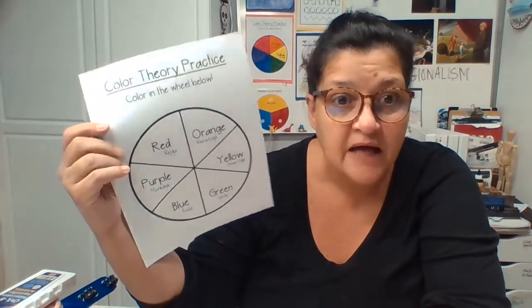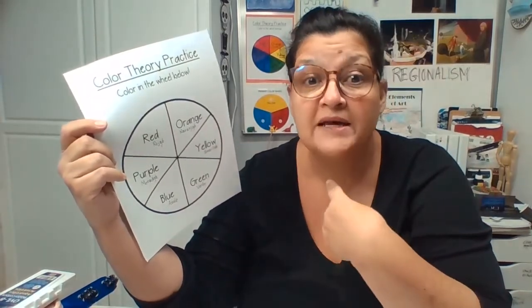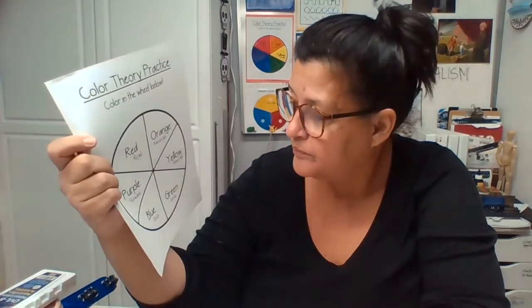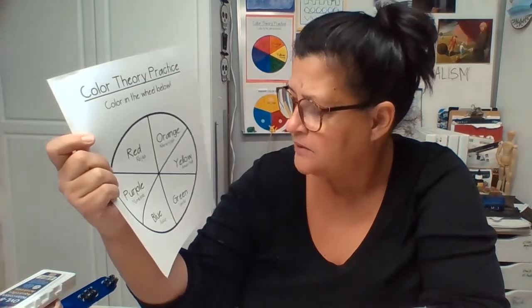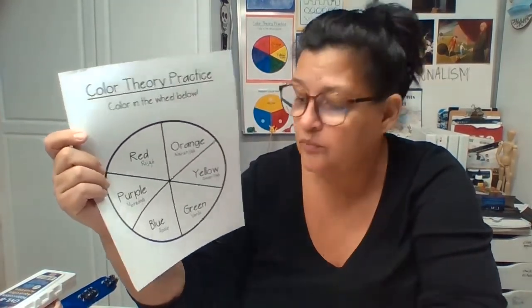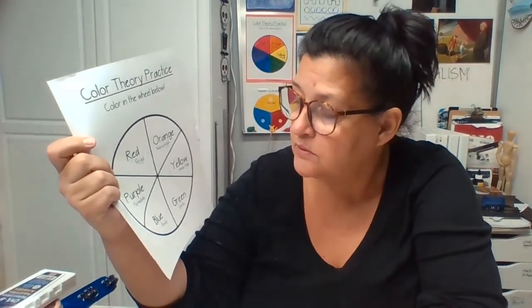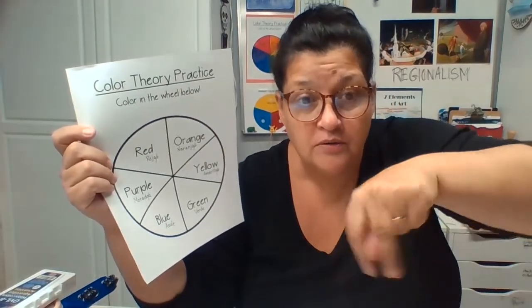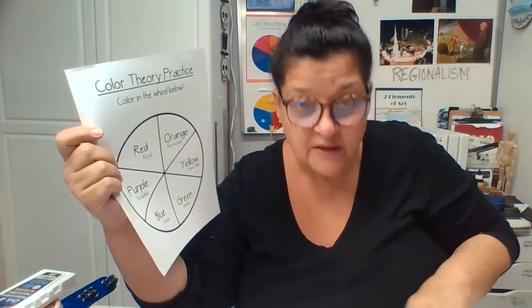Orange, naranja or naranjo. Yellow, amarillo or amarilla. Green, verde. Blue, azul. Purple, morada or morado. And back to red, roja or rojo.